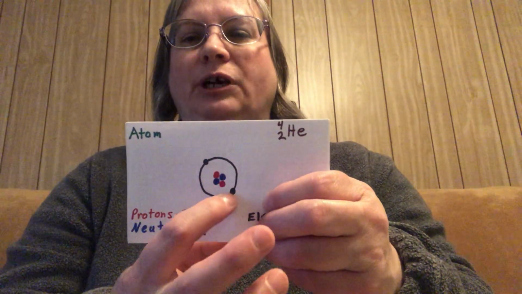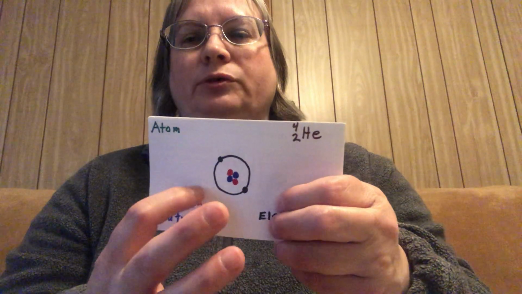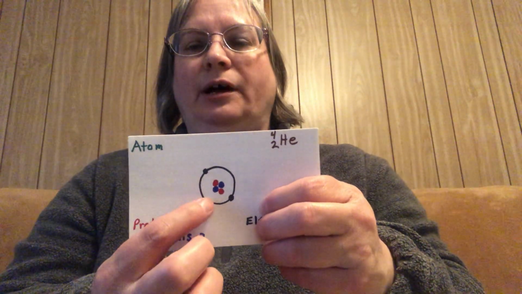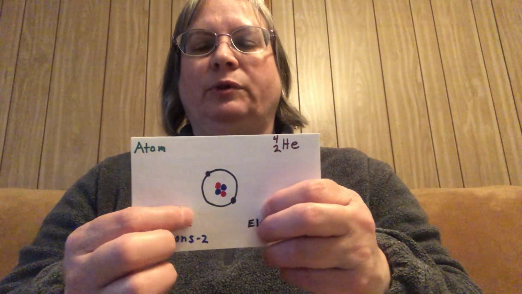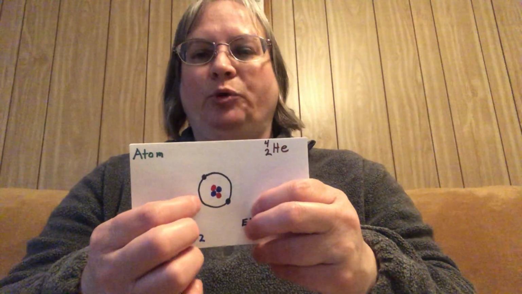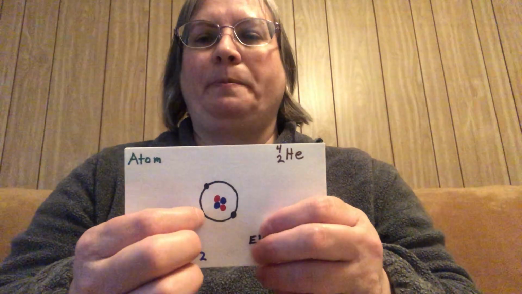So the innermost shell holds 2, all the others hold up to 8, and the outermost shell, no matter how many shells you have, is called the valence shell. And this will become important later when we talk about bonding.